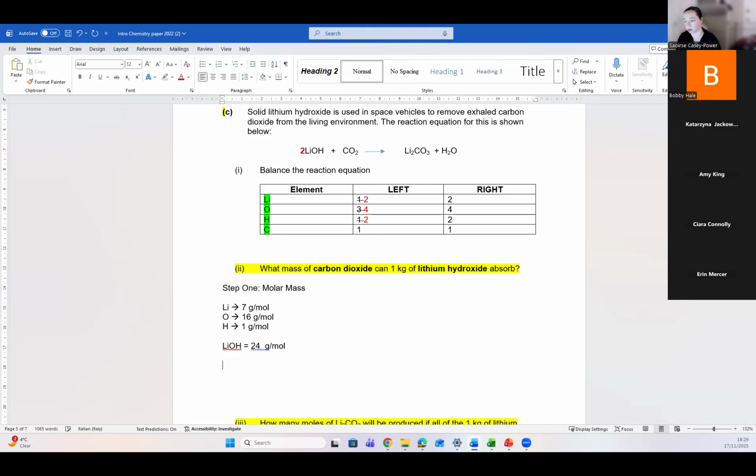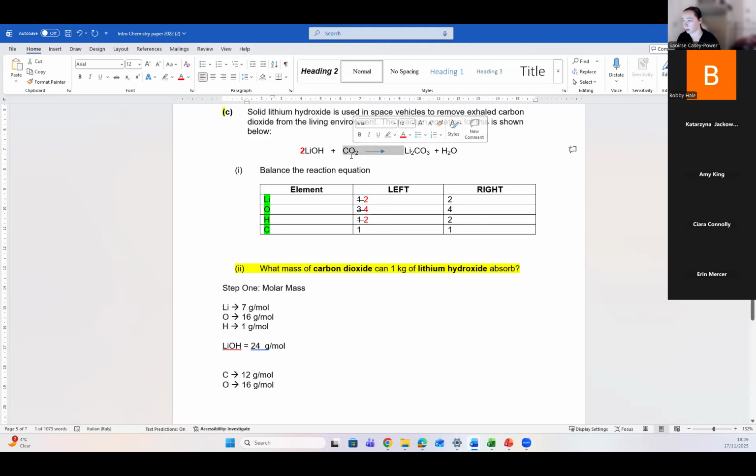I'm going to do the exact same thing for my carbon dioxide. In this case, I only have carbon and oxygen. My carbon is 12 grams per mole. My oxygen is 16 grams per mole. I have one atom of carbon, but two atoms of oxygen to give me 32 grams per mole.